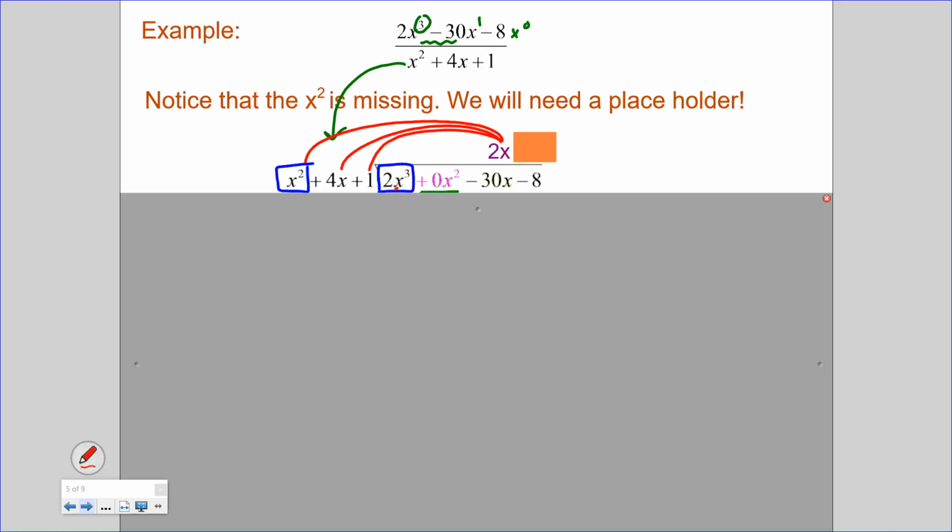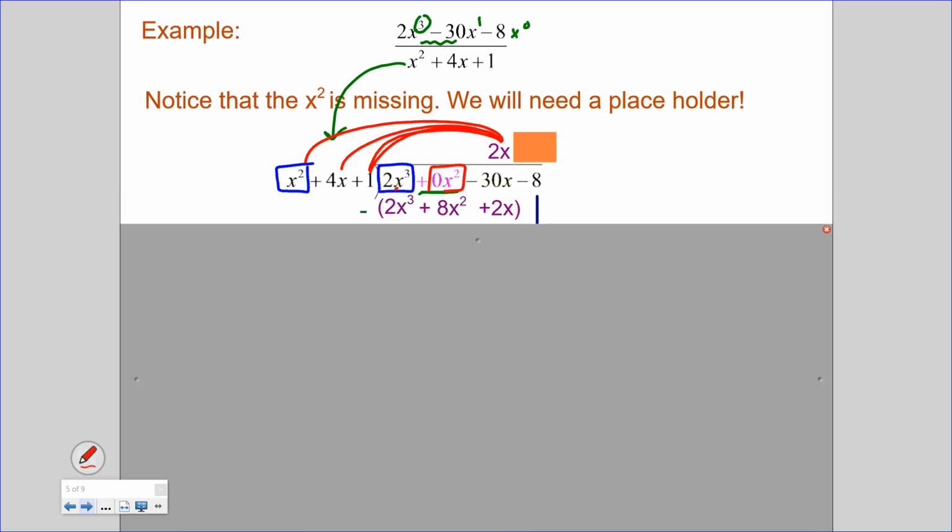If I get 8x squared, I need a place for it to line up so that in the next step when I subtract, I have something to subtract it from. So that's where we're going to put the 8x squared underneath the 0x squared placeholder. And then the 2x times 1 is 2x. So we got the 2x cubed plus 8x squared plus 2x. We've got our placeholders so that I do have something to subtract 8x squared from.